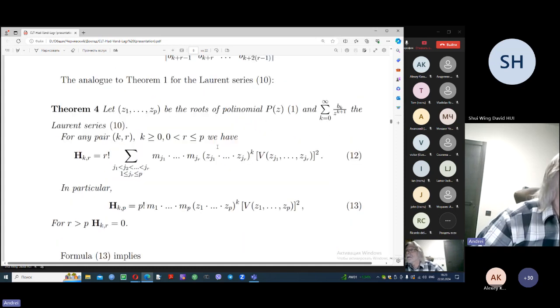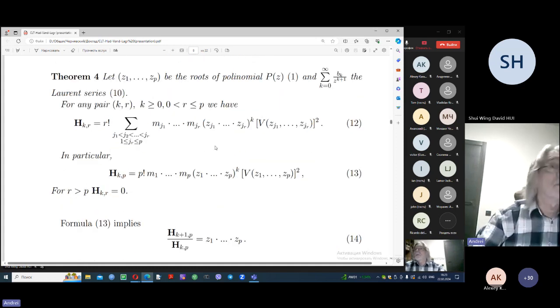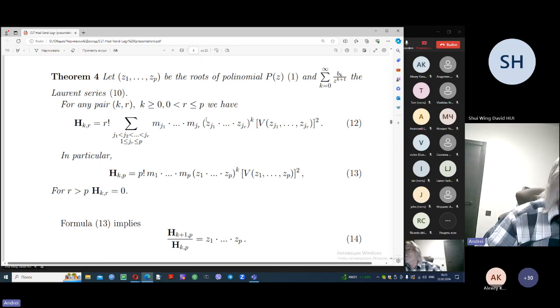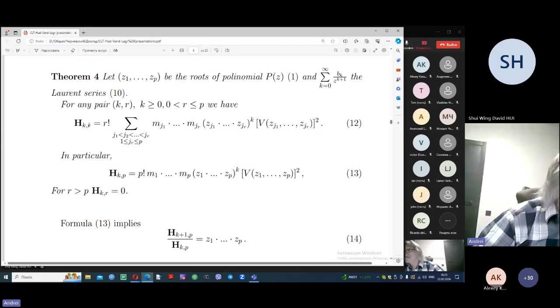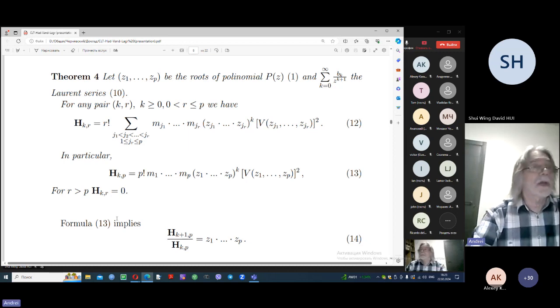So first of all, the following theorem: we can link this Hadamard determinant with the corresponding Vandermonde determinants, and once this R is equal to P, there is only one summand here, only one term, so it is equal to this expression.